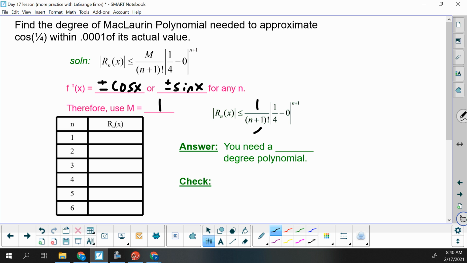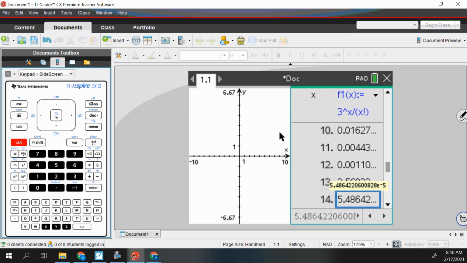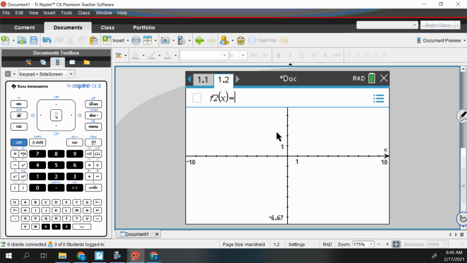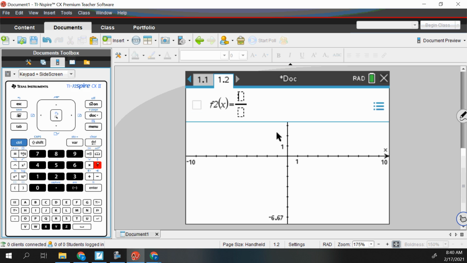So we would put this in our calculator in a graphs page, but for x. So if we go over to a calculator page, or a graphs page, sorry. We're going to have 1.